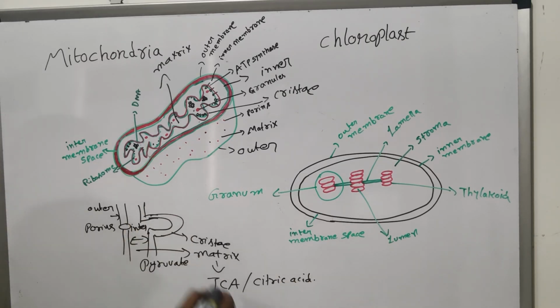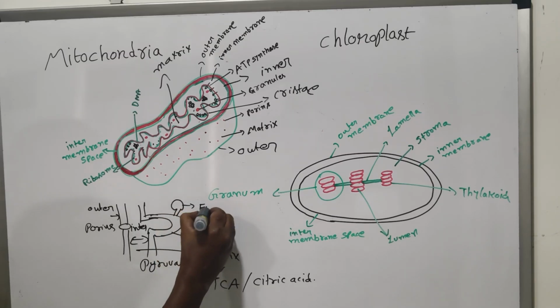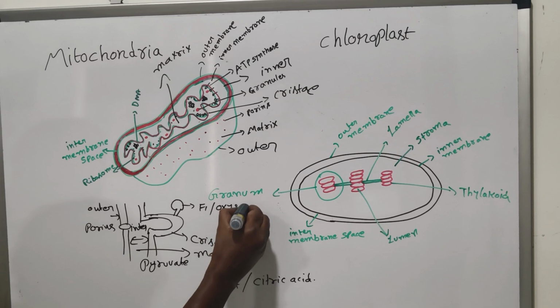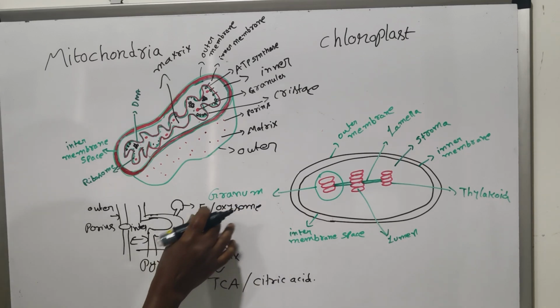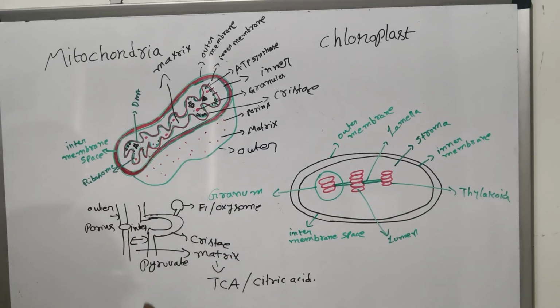Then the products of the TCA cycle enter into oxidative phosphorylation on the surface of the cristae, known as F1 particles or oxysomes. So this F1 particle or oxysome possesses the ATP synthase.